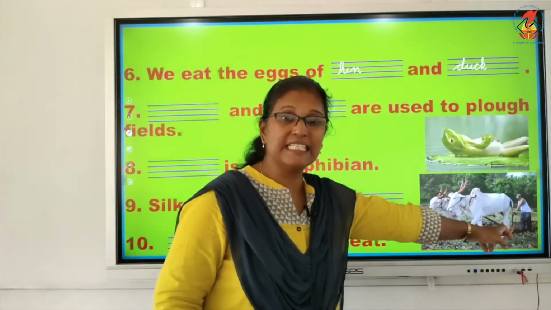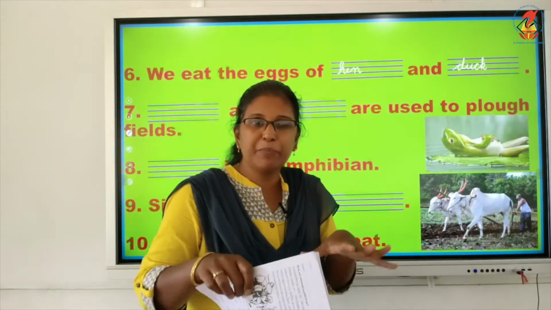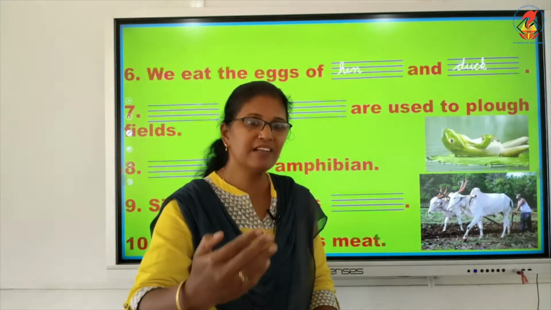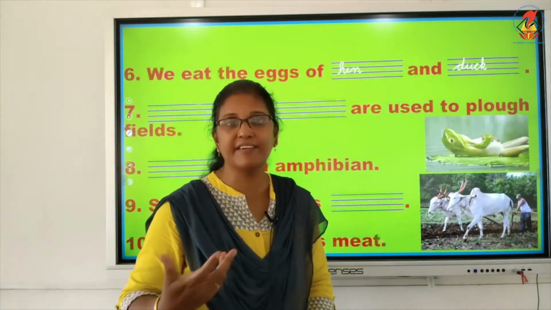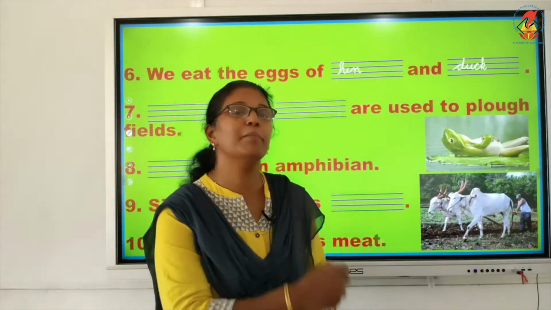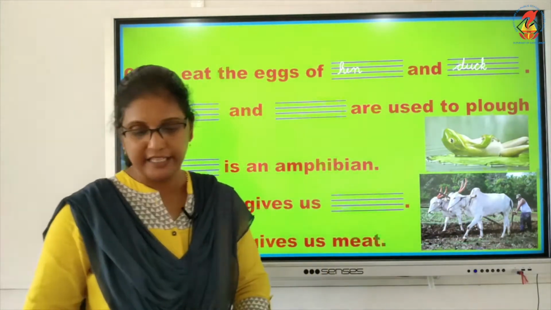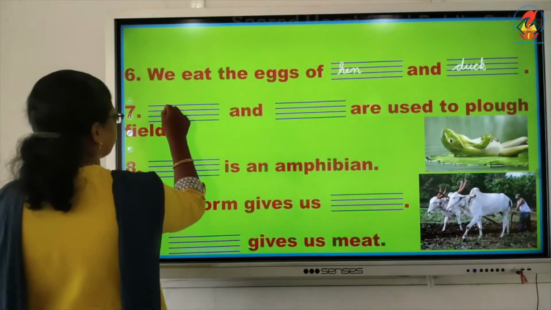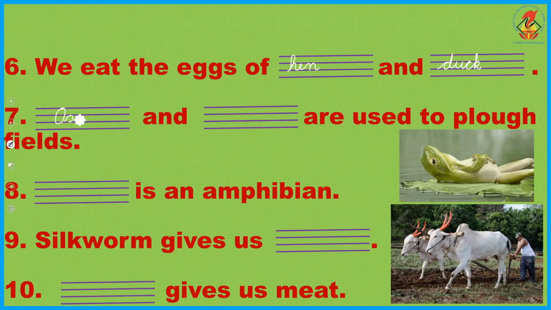You can see he is digging up the soil by putting little pressure as the bulls are walking, and the soil will be lifted up, getting ready for farming. That is called ploughing. Who does that? The bulls do it as well as the ox. Let's write the answer. Capital O, because it's the starting of the sentence, ox, and then bulls.